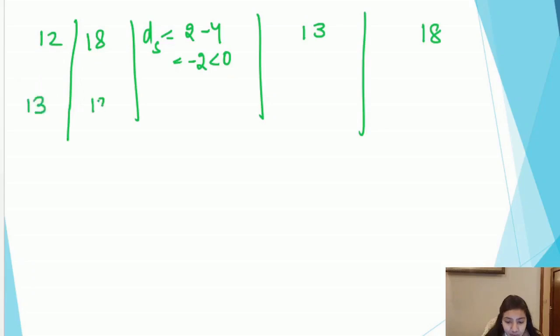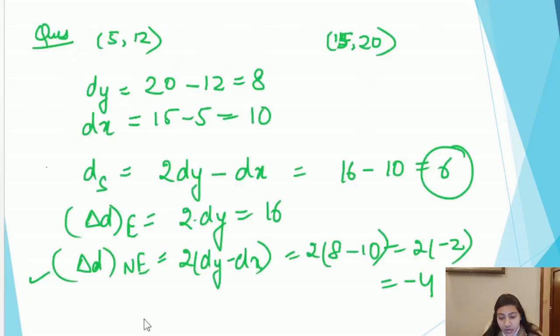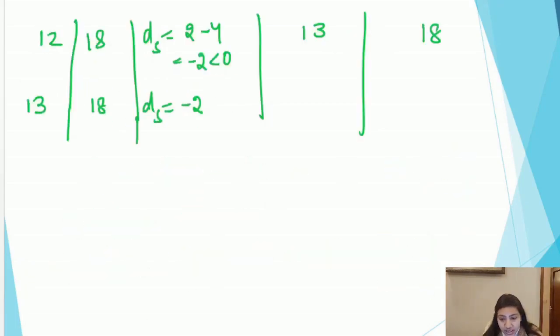So 13, 18. Since we have chosen the east pixel now, the change in d with respect to east is 16. So minus 2 plus 16 comes out to be 14. The value is greater than 0, so increment x and increment y.